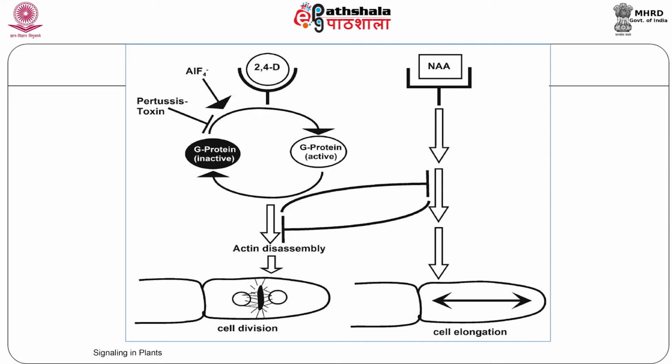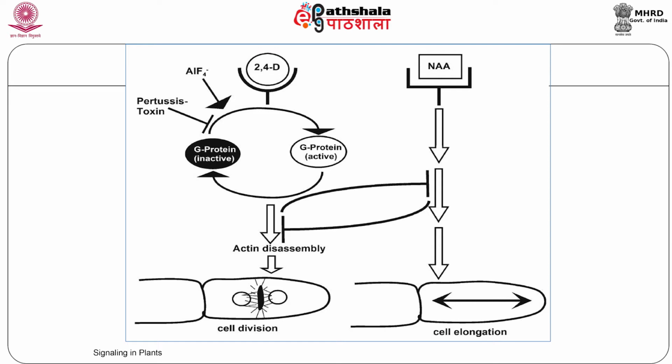When the contributions of cell division and cell elongation were assessed separately, the natural auxin indole acetic acid, along with NAA and the auxin transport inhibitor 2,3,5-triiodobenzoic acid, that is TIBA, were observed to inhibit cell elongation while leaving filamentous actin unaltered.